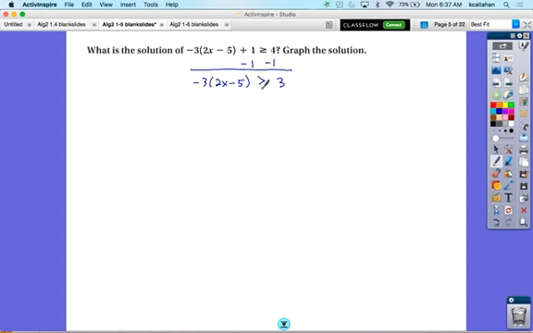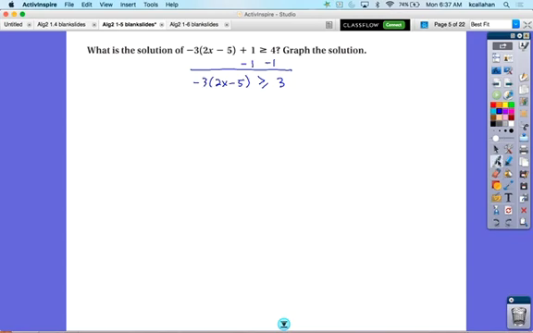Okay, now what's the next thing I could peel away? Well, this negative 3 is multiplying. So if I divide by negative 3, now I got to remember to flip that sign. If, for example, I just did this, divide by negative 3, divide by negative 3, at that point this inequality is wrong, because I have to flip that symbol the minute that I do that, which is why, when I'm showing this kind of thing, I'm not going to do that.